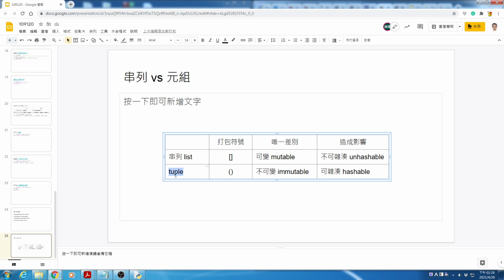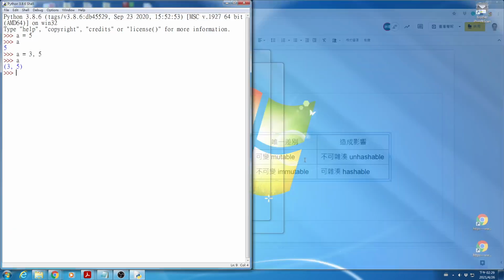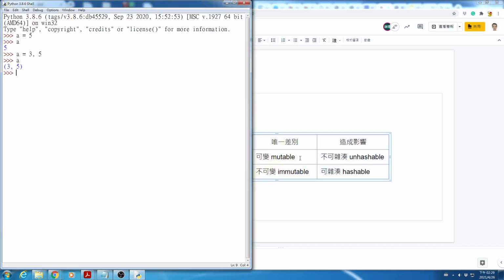It's actually very similar to a list. You are already familiar with lists, right? What is a list? A list is a structure that has a lot of values inside, and syntactically we usually enclose these values in a pair of square brackets.